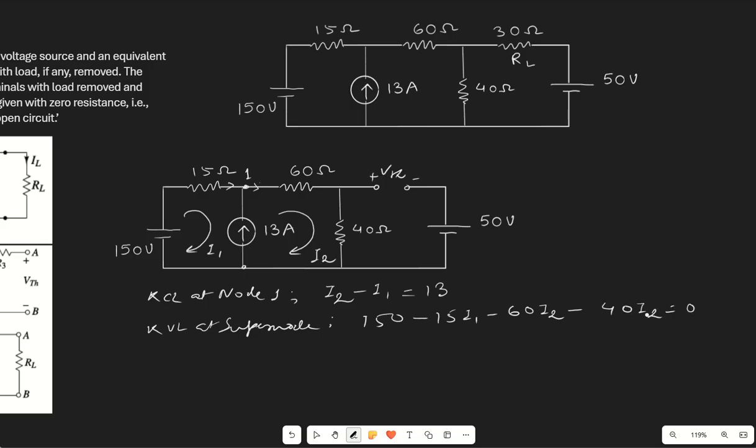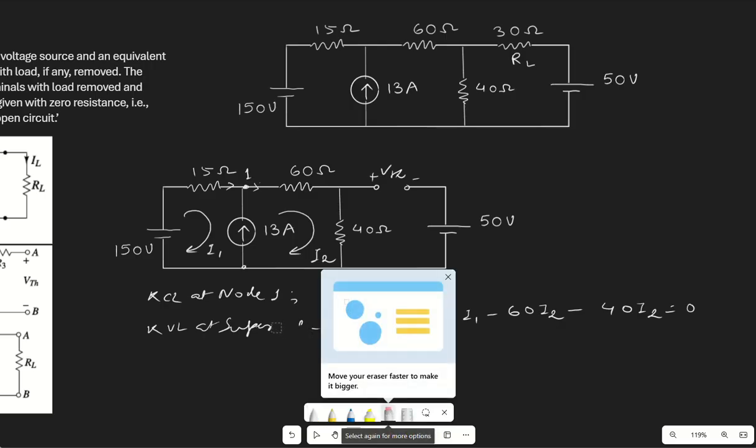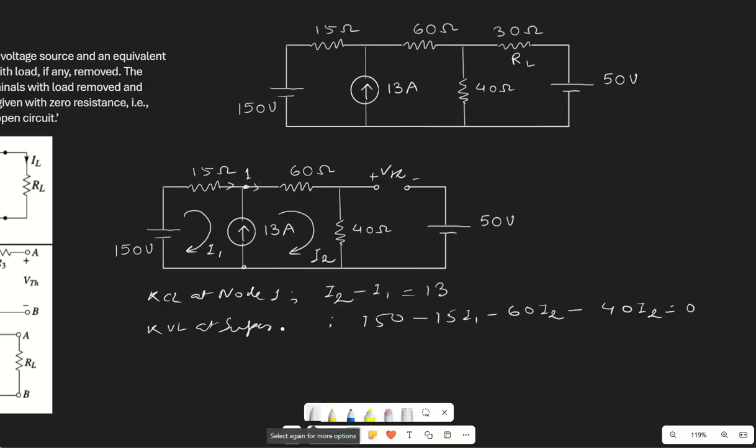As we know, we always write down KVL of the super mesh. Sorry, this should be the super mesh at the outer loop, right? So at the outer loop, this is our equation of KVL.